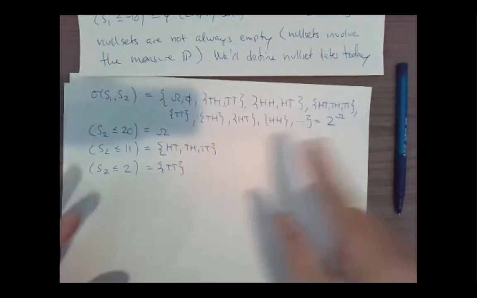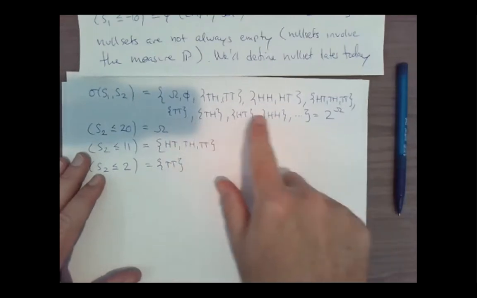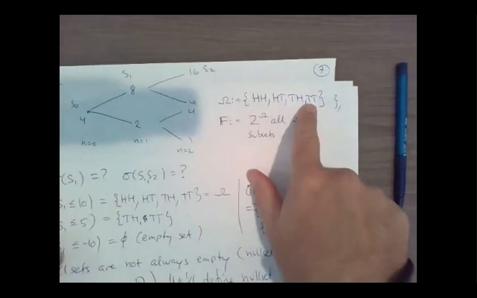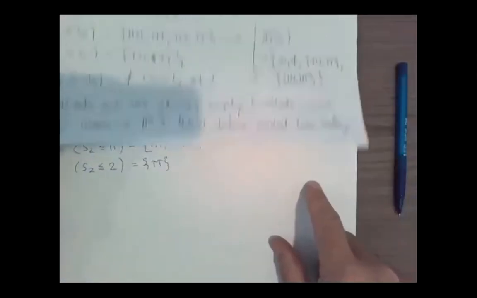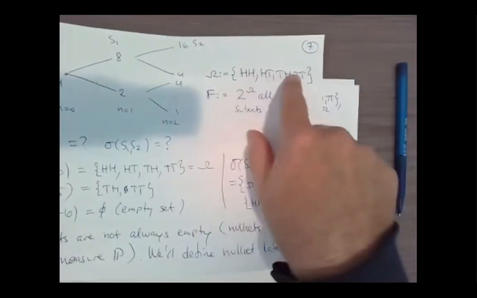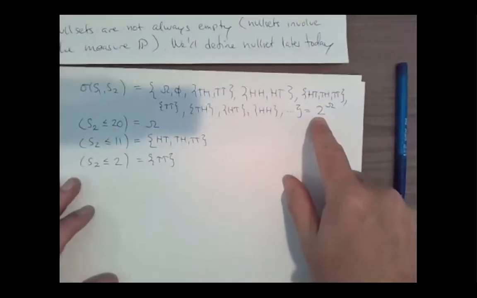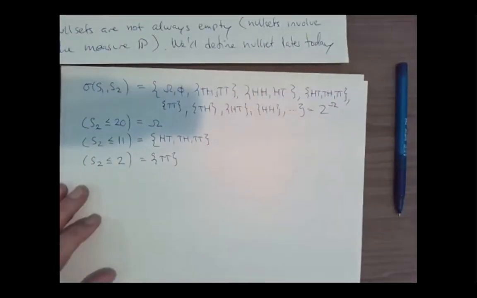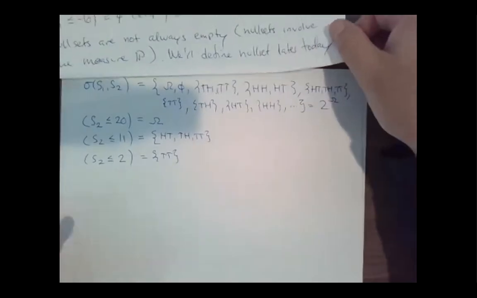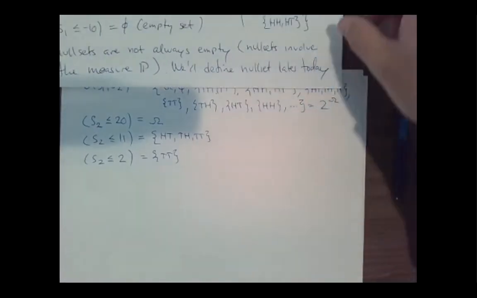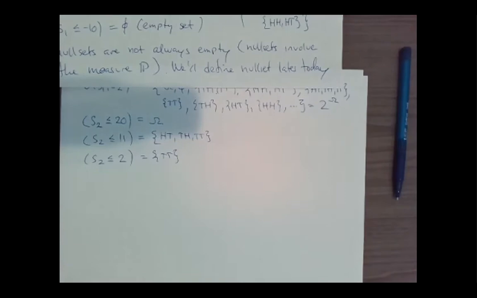Like, I have a finite probability space, and every single element in my sample space is there. Well, then I have to be able to form arbitrary countable unions, and so that's going to get me all of them. So this was one example of how these sigma algebras could look.